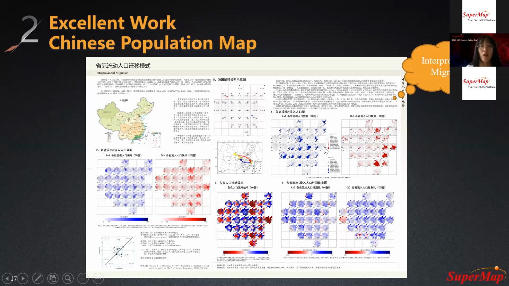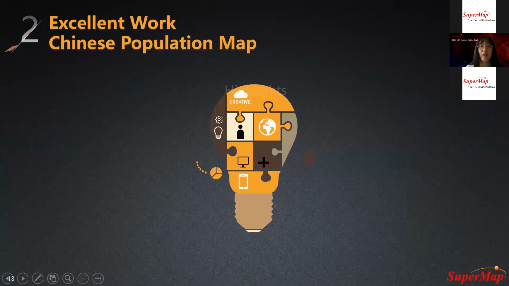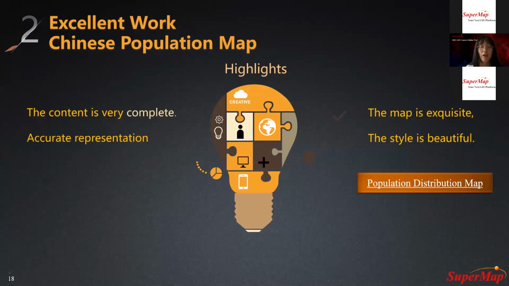And so from this collection of work, we can see that it is important to make your map with a lot of content and present it in a complete and beautiful way.